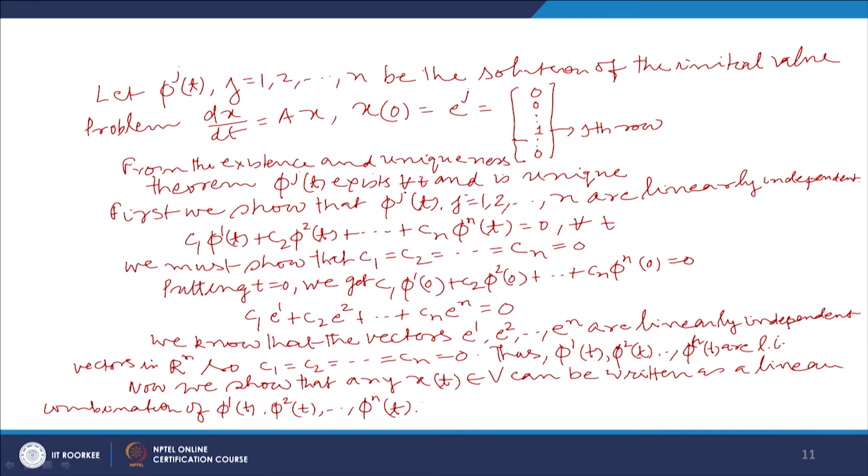Now, what we do is, let us say that x t is any vector belonging to the vector space B. We want to show that x t is a linear combination of phi 1 t, phi 2 t and so on phi n t. So, let us assume that the function x t at t equal to 0 is given by this column vector C1, C2, Cn, that is, x 0 is equal to C1, C2 and so on Cn.